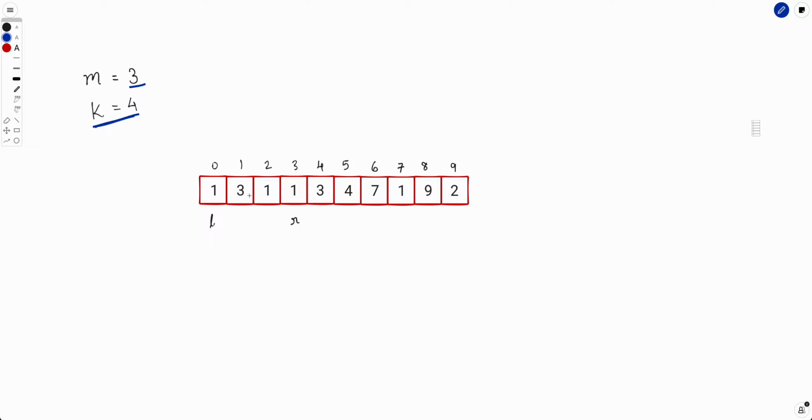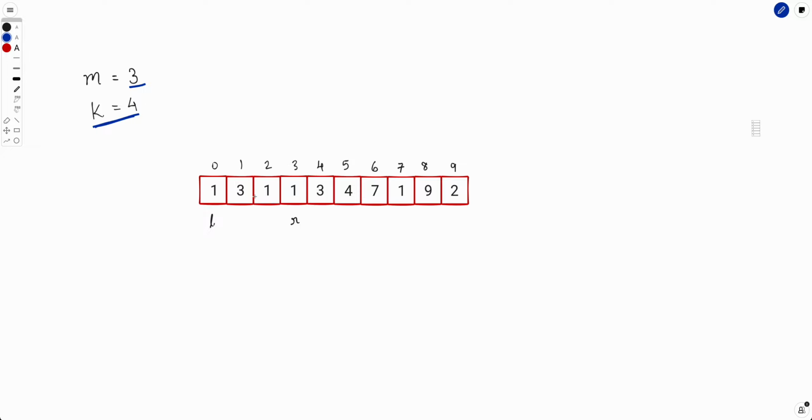So we need to find out how many distinct elements are there in this subarray. If we are able to figure out this, then we can simply say whether this subarray is good or not. If it is good, we will just find its sum and consider it while finding out the final result, right?